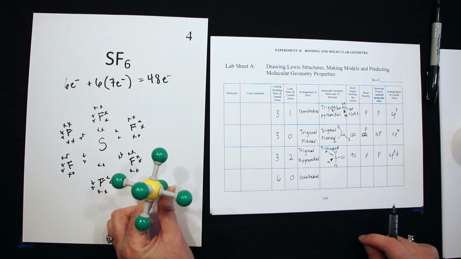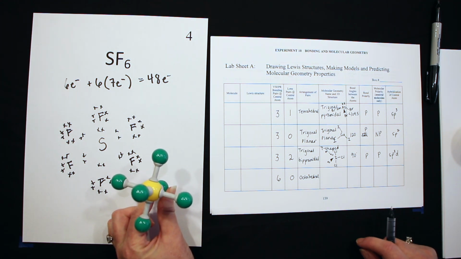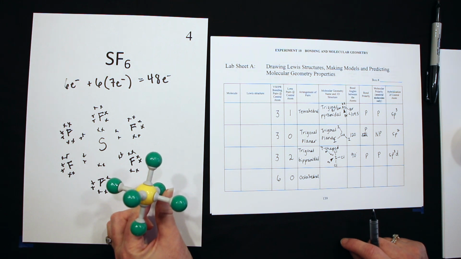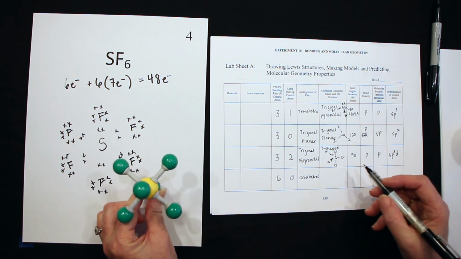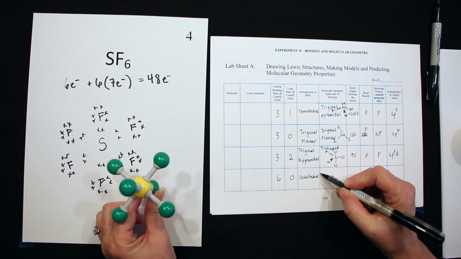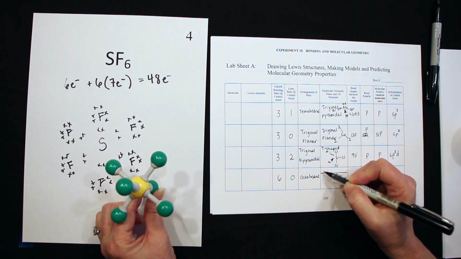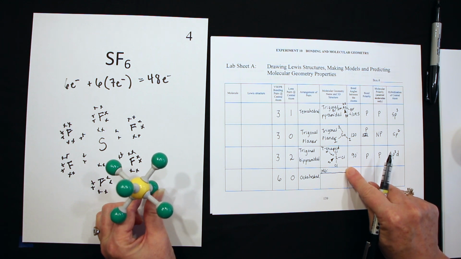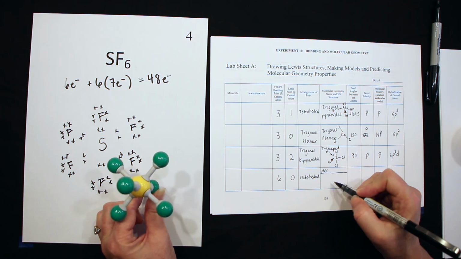I'm going to let you refer to Table 10.1 and determine what your molecular geometry is. I'll help you draw it. I will put your molecular geometry there. You need to complete that by yourself.